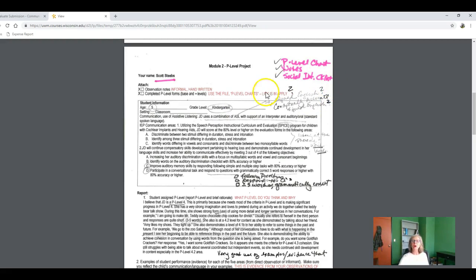A question here about JD uses a combination of ASL with support of an interpreter and auditory oral. It's really sometimes confusing to know exactly what a student is using. So if it's simultaneous communication, so using speech plus sign, I usually talk about that as being either signed English or conceptually accurate signed English in terms of expressive.